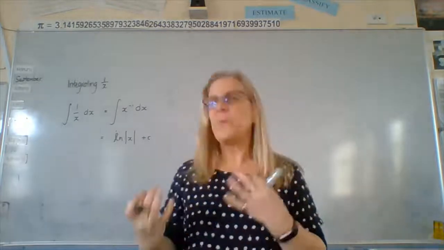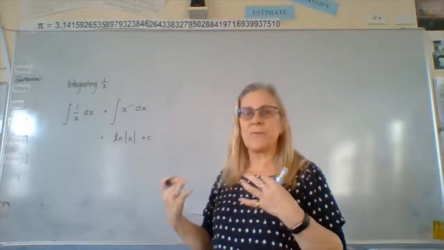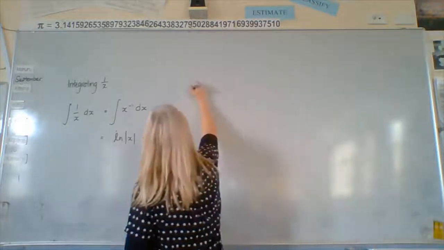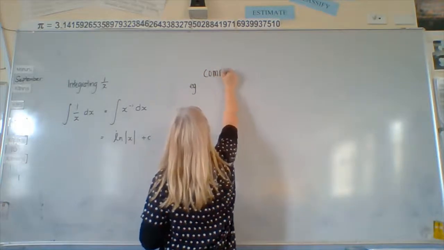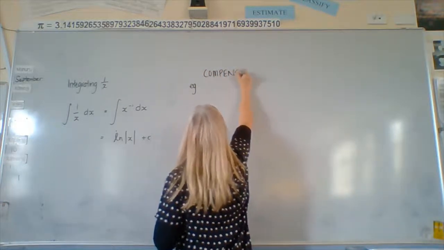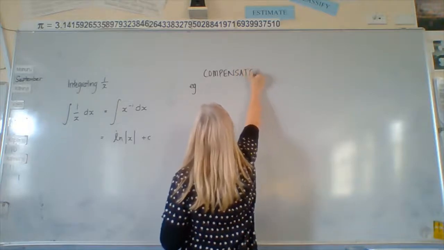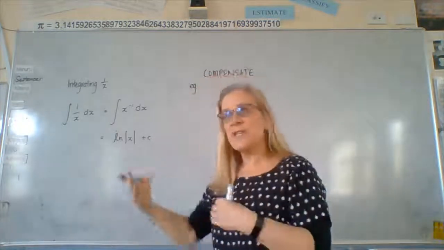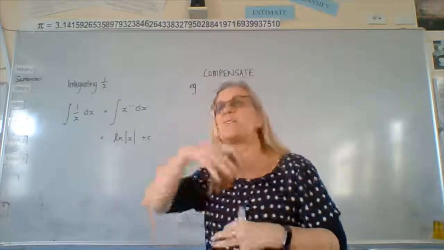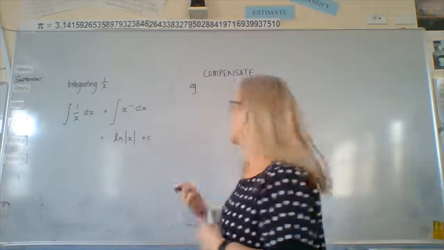So if we know that, then we can easily differentiate using the same rules we've used up to now. We still need to compensate. We still need to find out what's being introduced in that process of differentiation that we have to get rid of in the process of integration.